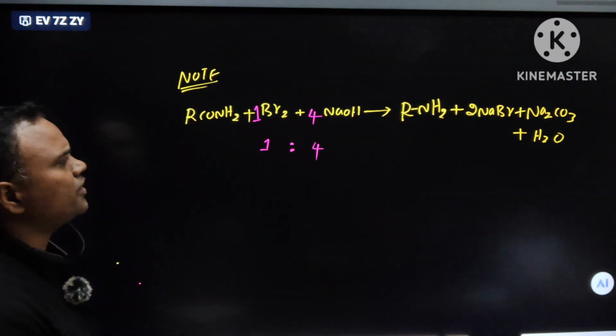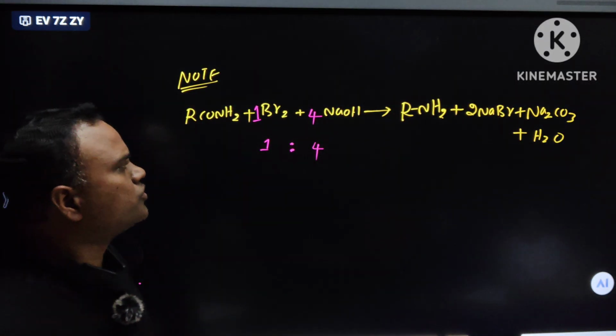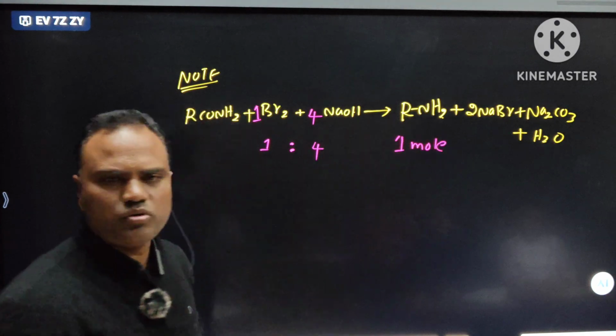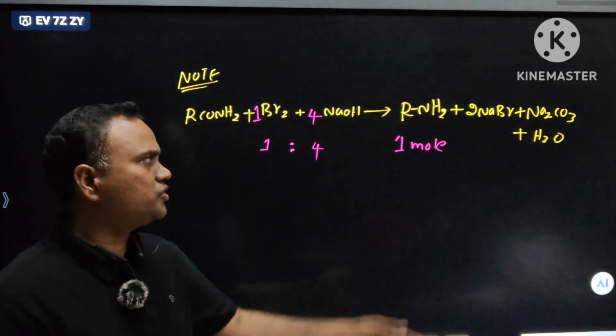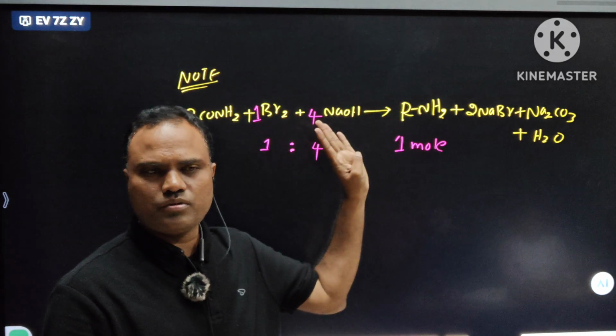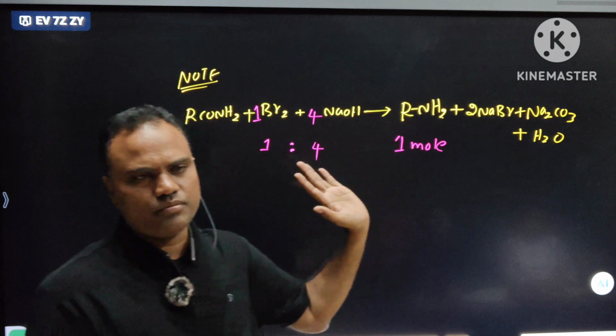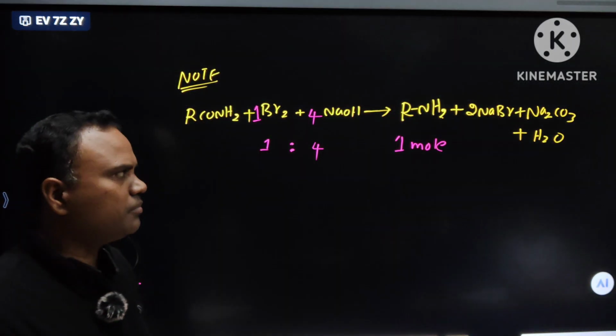How many moles of NaOH are used to produce 1 mole of amine? What is the answer? 4. How many moles of bromine are used to produce 1 mole? 1. Okay, remember the ratio.